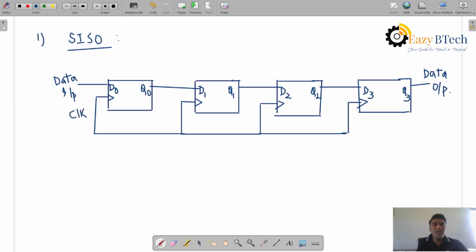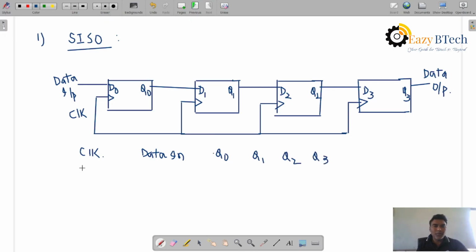Every time the clock signal is applied, the data is processed serially, right? For example, let us see the table over here, with clock and data in, and the outputs Q0, Q1, Q2, and Q3.